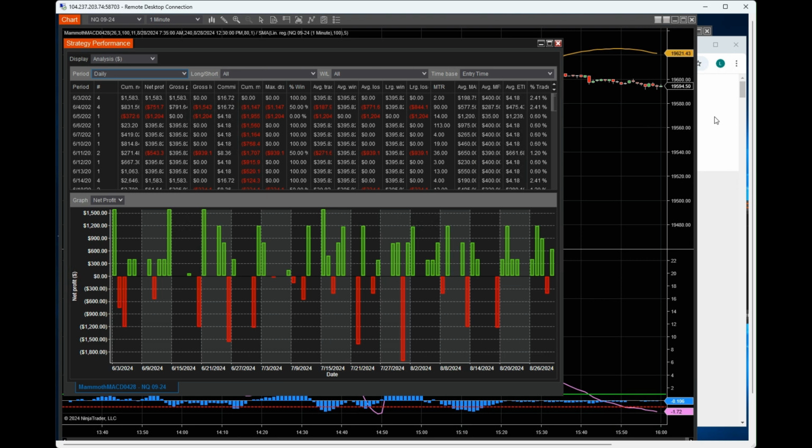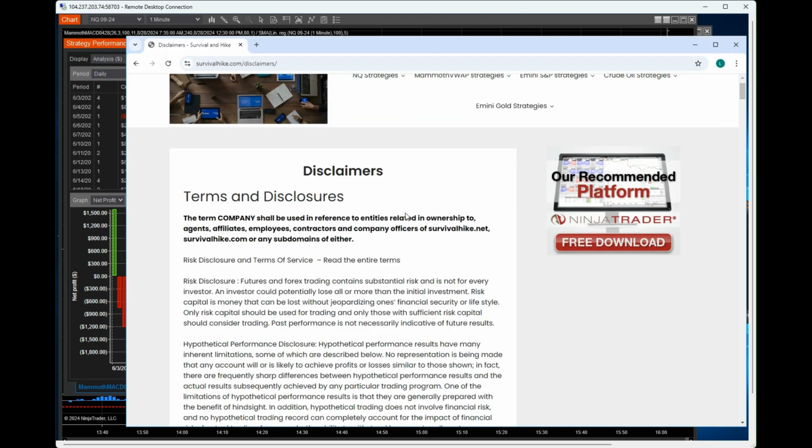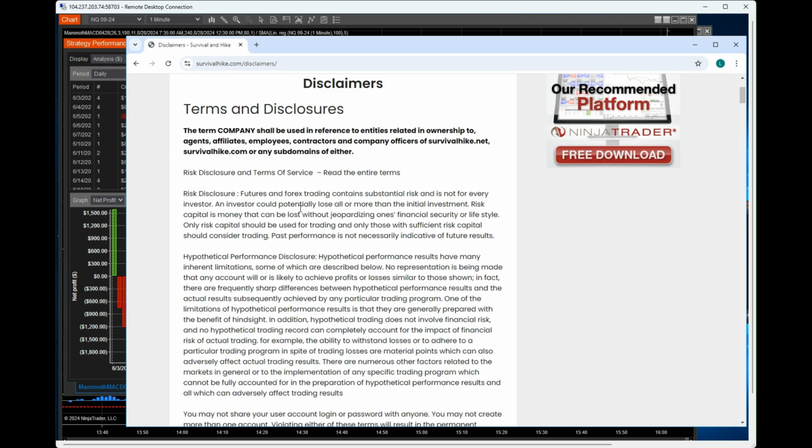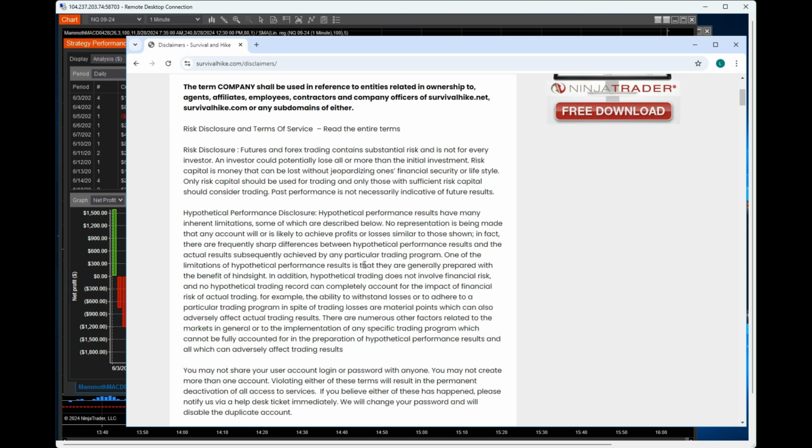Before we go any further, there are disclaimers that I have to read to you. This is a risk disclosure. Futures trading contains a substantial risk and is not for every investor. This is the statement I have to read before I go any further.